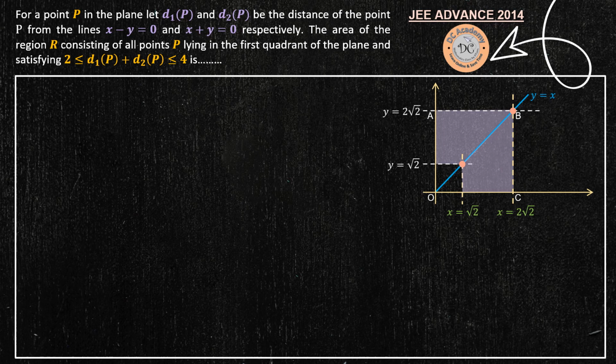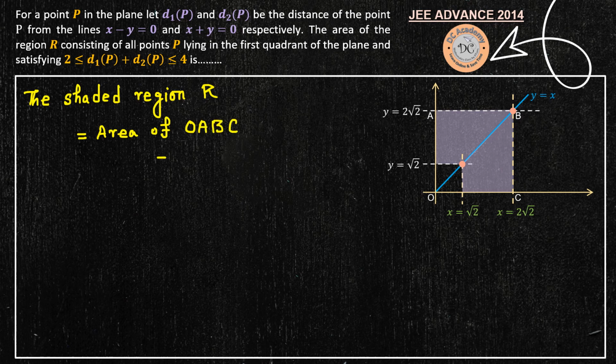The shaded region's area is actually the area of the square OABC minus the area of the other square, that is OPQR.